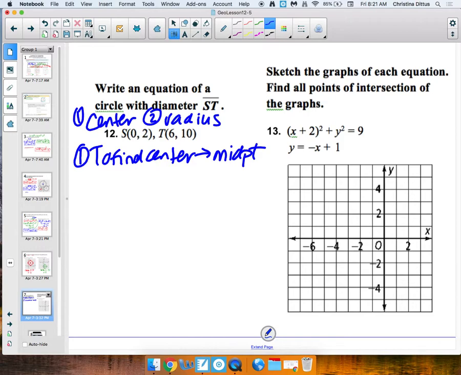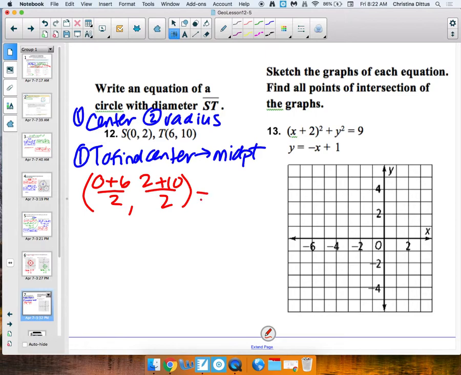Find your midpoint. Add your x's. What are my x's? 0 plus 6. Add your y's. 2 plus 10.